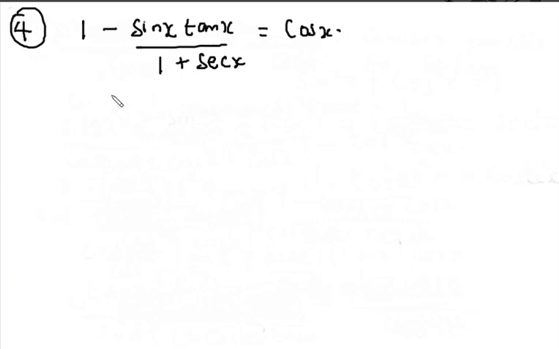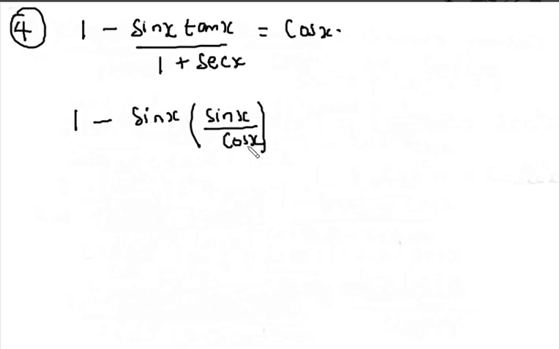So we have 1 minus sine x times tan x, which is open bracket sine x over cos x. Okay, so this whole part is divided by 1 plus 1 over cos x, from the definition of sec x is 1 over cos x.